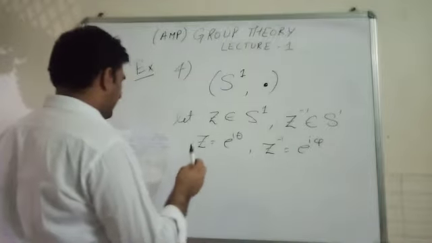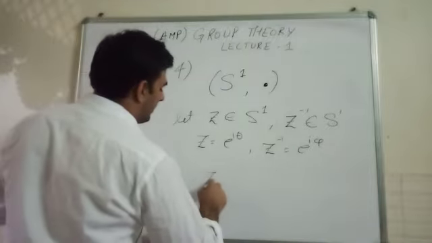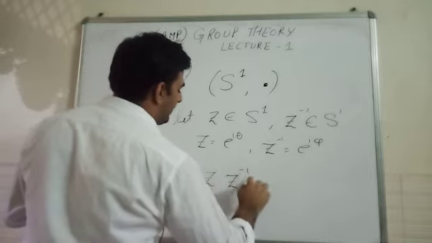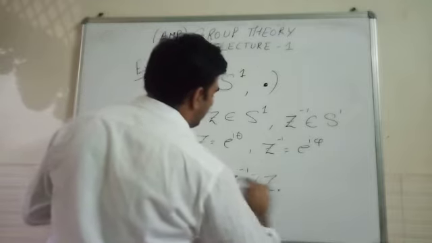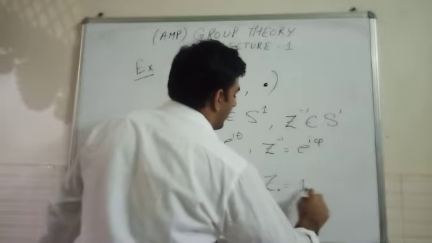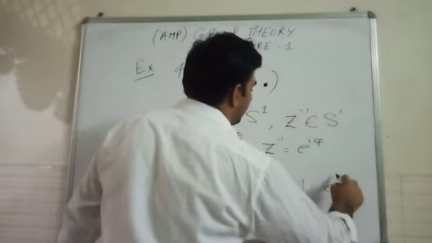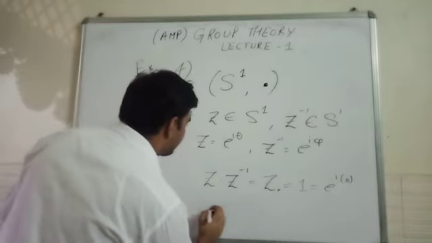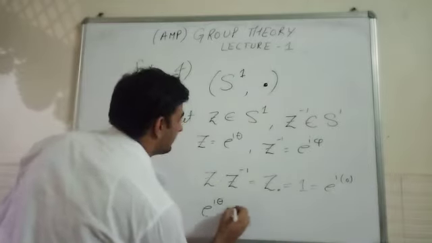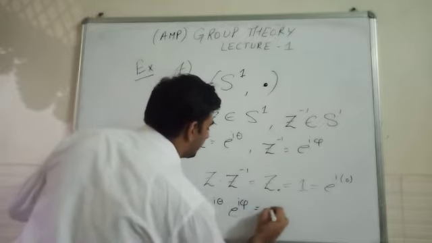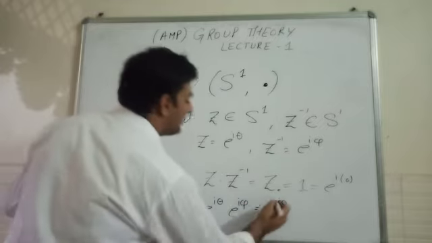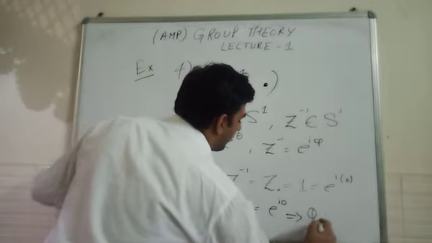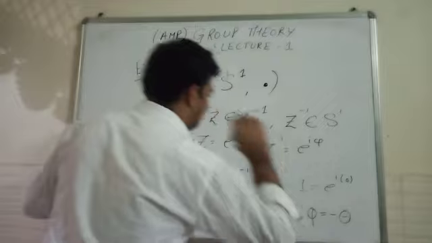Now the condition for the inverse element is z times z inverse must give you z0, which is 1, which equals e^{i0}. Now e^{iθ} times e^{iφ} must equal e^{i0}. So φ must equal minus θ.